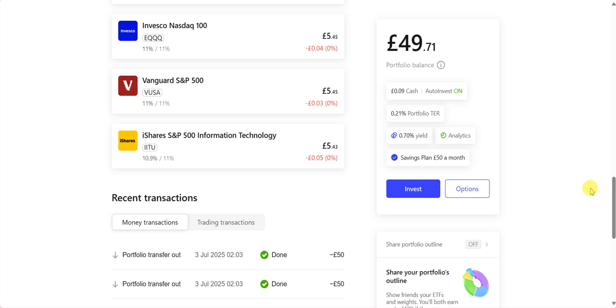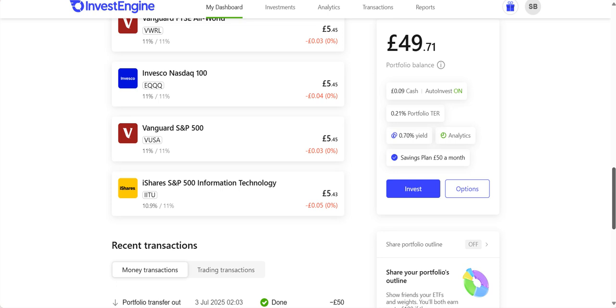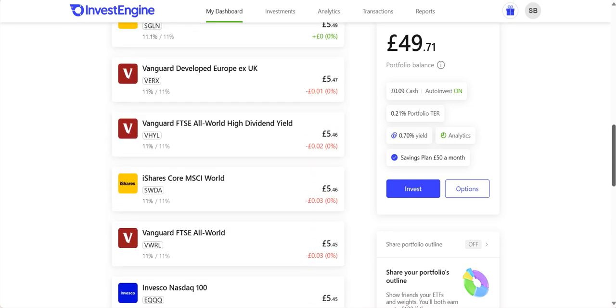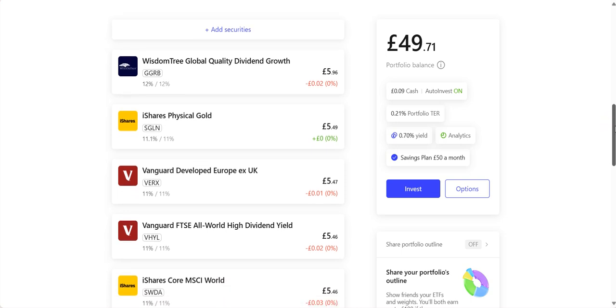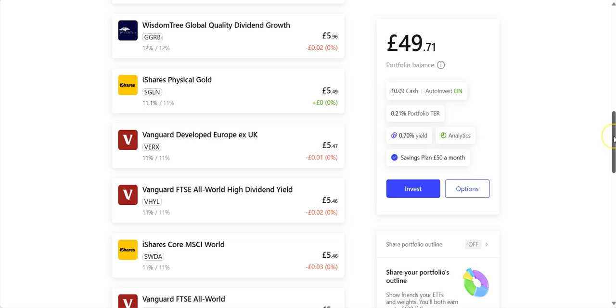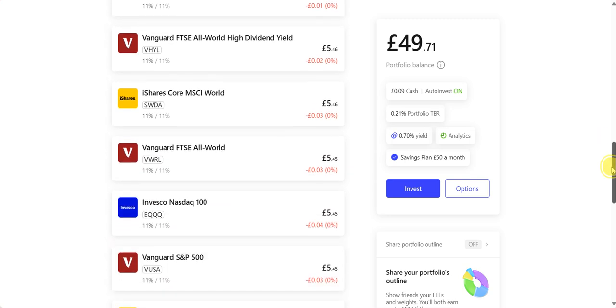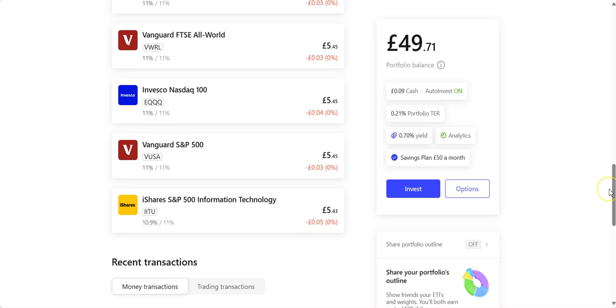Now, you might think there's still a lot in there. 1, 2, 3, 4, 5, 6, 7, 8, 9. There's 9 in there. Now, if you want to copy this portfolio, you could reduce it if you wanted. So if you did just want to invest in the S&P 500, then you could copy it and then delete the other ones out.